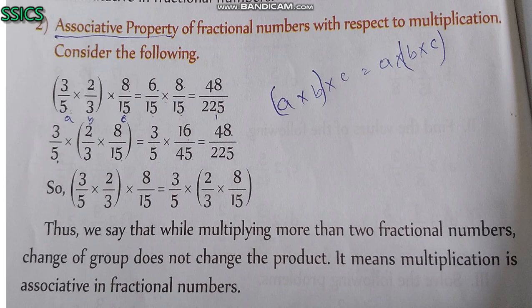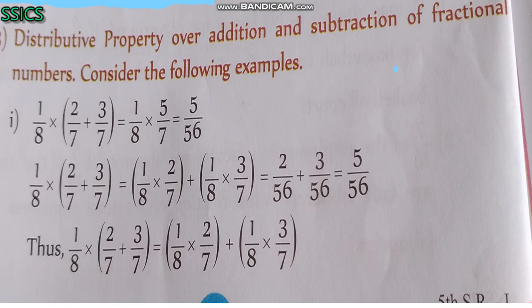We move to the distributive property, over addition and subtraction of fractional numbers. Consider the following example: 1 by 8 into (2 by 7 plus 3 by 7).